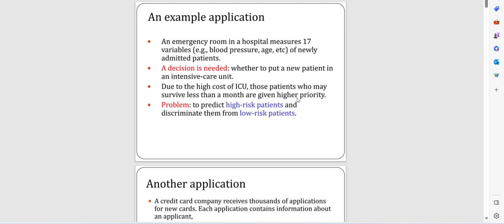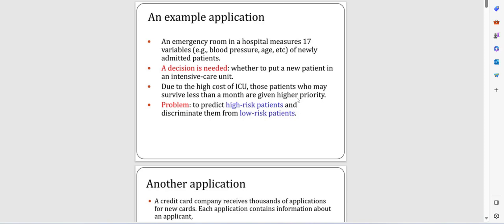So how are we going to do that? We have to make the decisions actually. For example, we have 1000 patients, and we have to classify between high risk and low risk on the basis of features like their blood pressure, age, cholesterol level and other features.